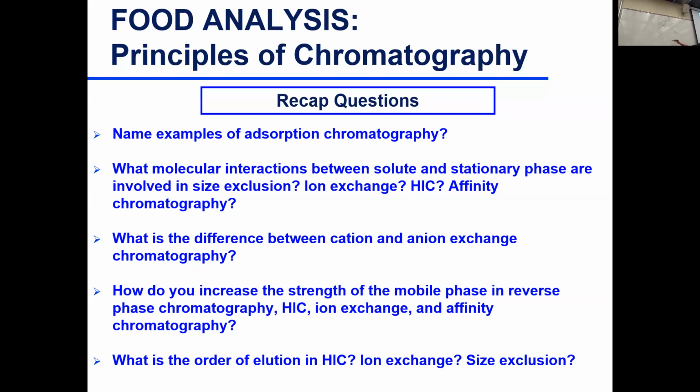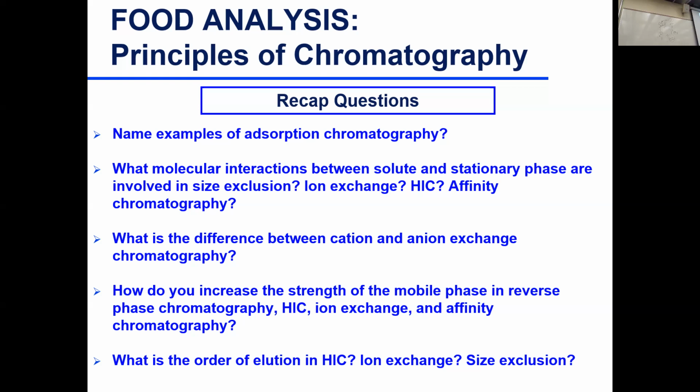Another way is increasing salt concentration, ion strength. The negative charges of the salt will compete for interacting with the column, and then the ions can elute. So it is somewhat challenging depending on the compounds that you are separating and the buffer you're using.